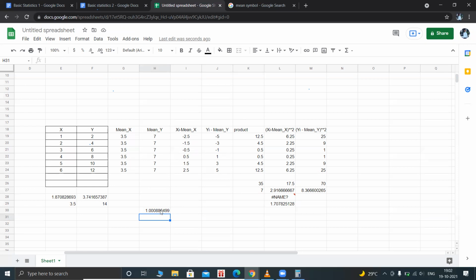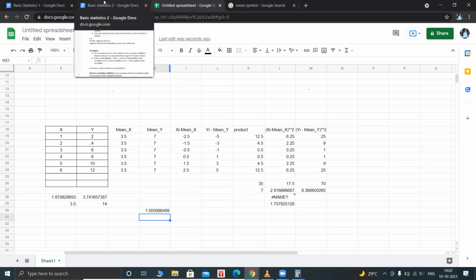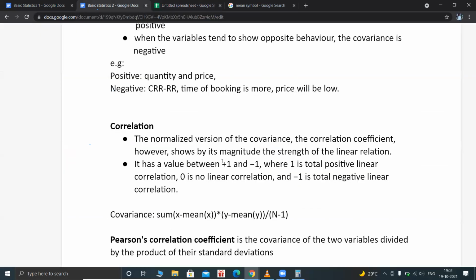So this 88 shouldn't be there, because the correlation value is always between +1 and -1, right? There shouldn't be a value beyond that range. So the correlation value will always be between +1 and -1. It can even be equal to 1, but it shouldn't exceed 1, right?